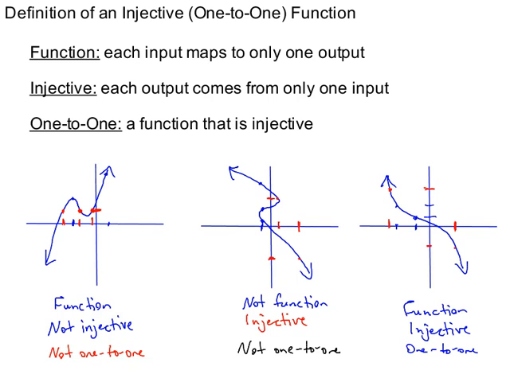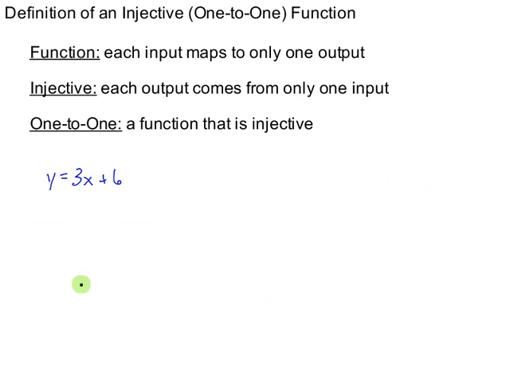Now let's look at a couple equations and decide if they are injective. In this example, this is a function because if you pick an x value, then you multiply that by 3 and add 6, you're going to get a number for y. So every number for x gives one number for y. Every input gives one output.